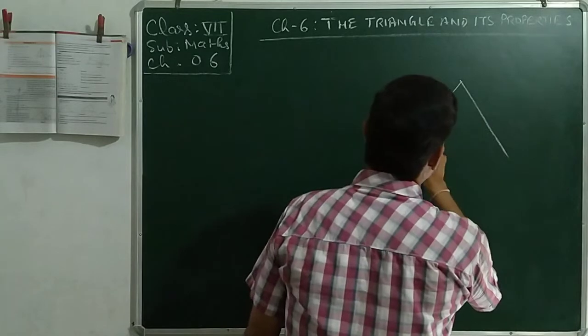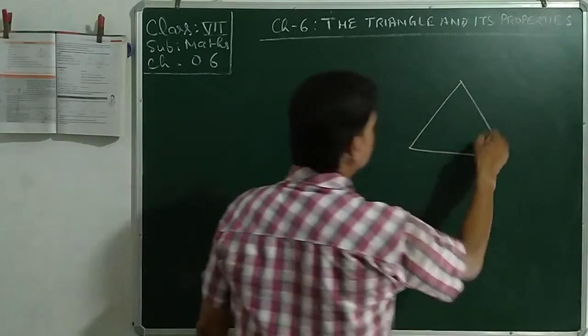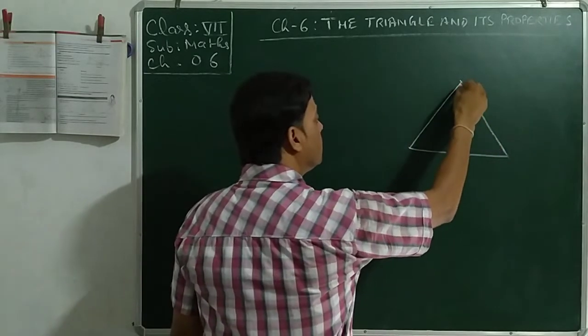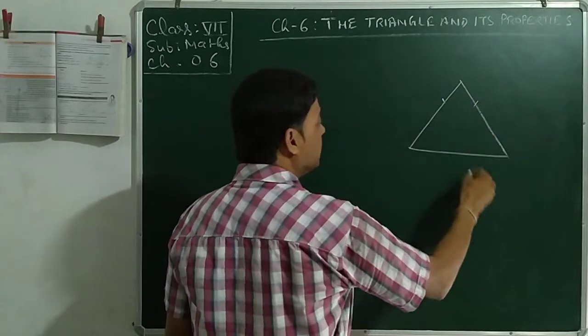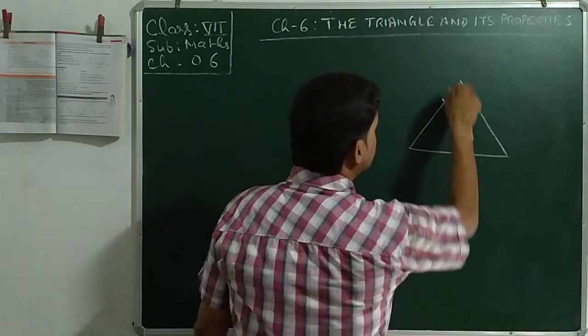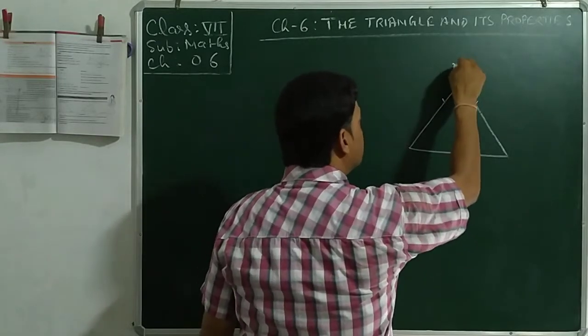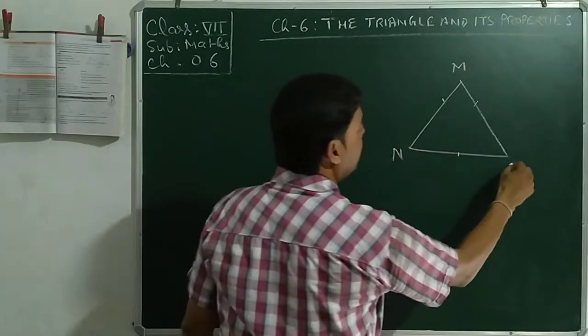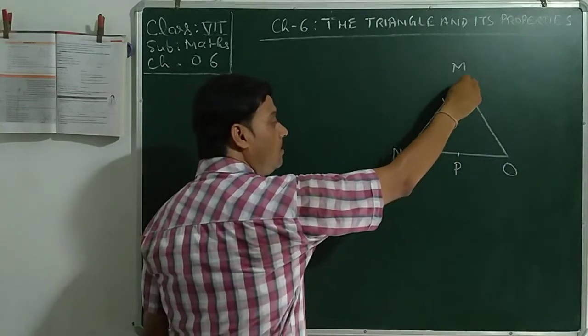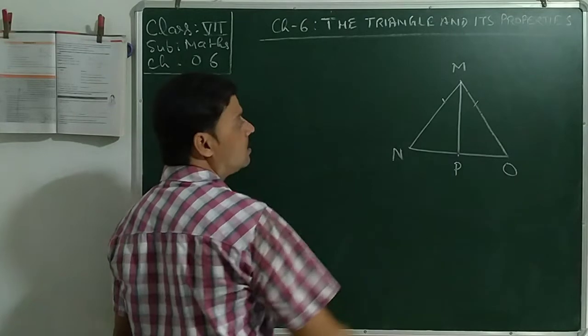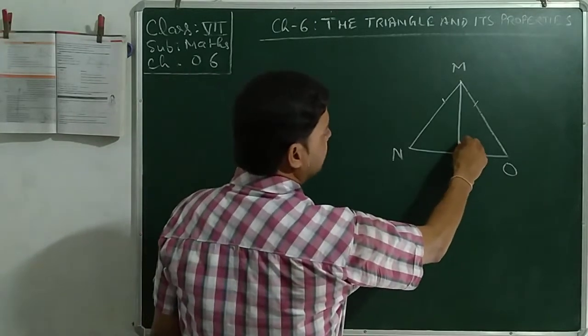This is the isosceles triangle, where this side is equal to this side, and let me name this triangle MNO, and P is the midpoint of NO. Draw the median.